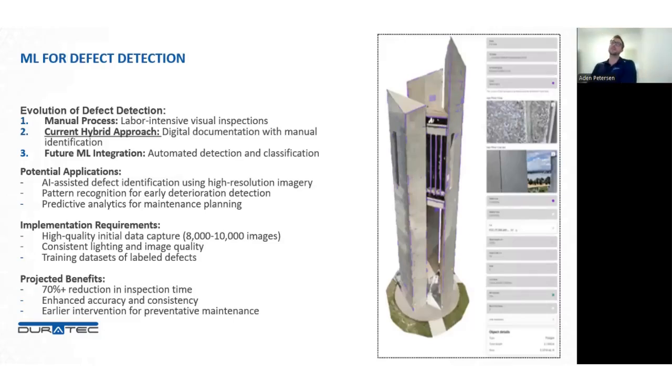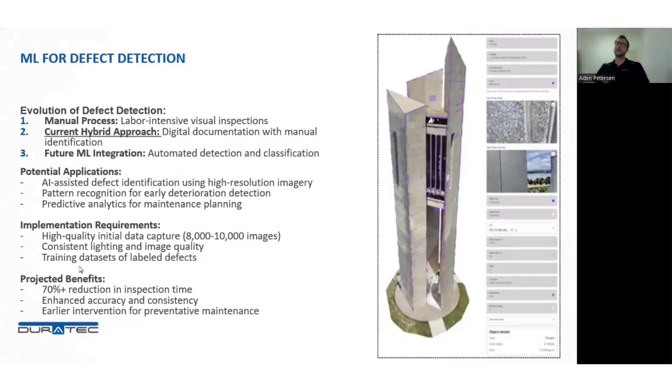So machine learning represents the next evolution in our defect detection lifecycle. The Carillion project taught us some valuable lessons, and we did progress from manual visual inspections to our current hybrid approach with digital documentation. The future definitely lies with AI-assisted defect identification using high-resolution imagery.